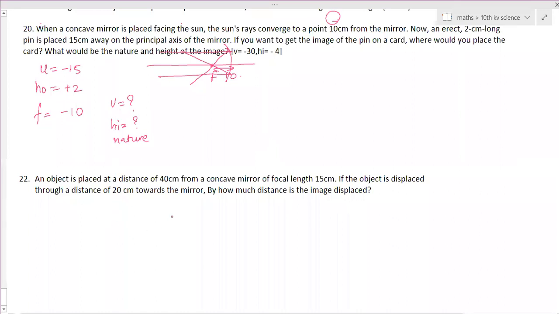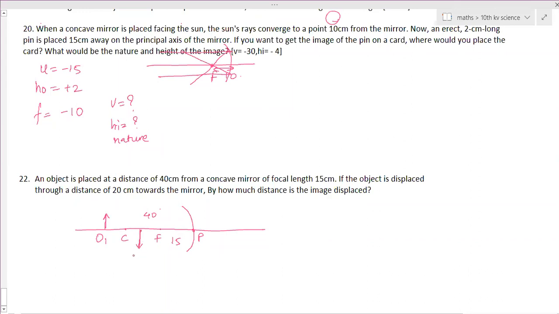So the initial position of the object. This is a concave mirror, pole, focus, C. Focal length 15, so till C the distance is 30 centimeter. So 40 means beyond C. The object is beyond C at 40 centimeter. This is O1, the object's first position. Its image will be formed between C and F, somewhere.